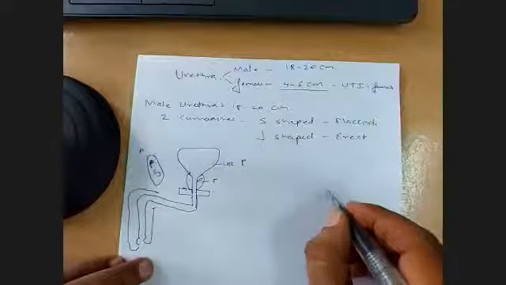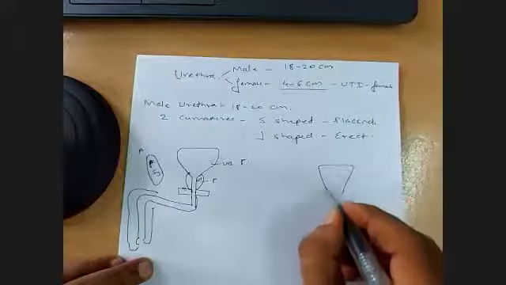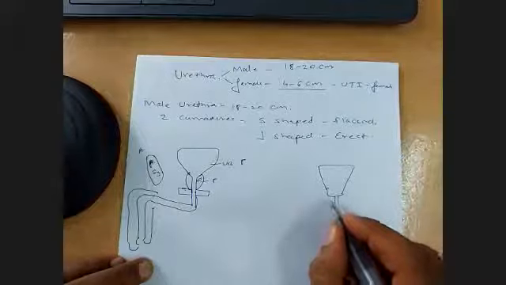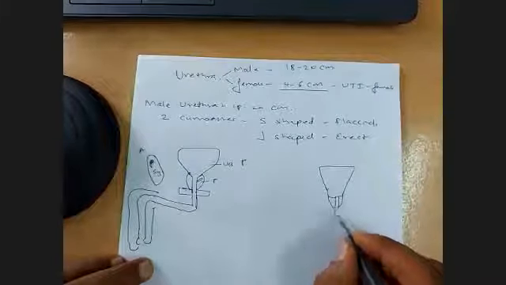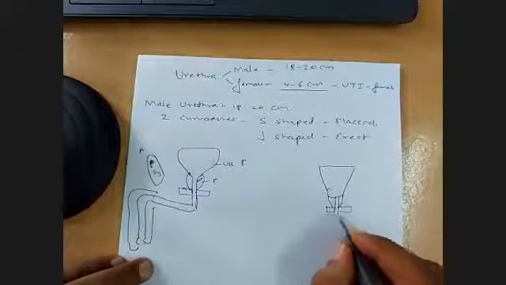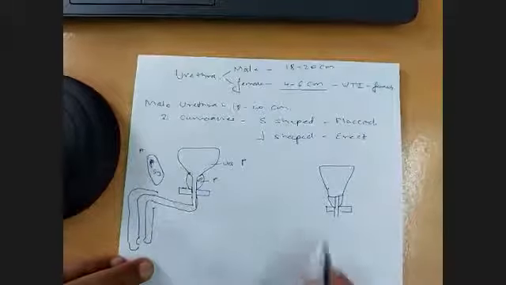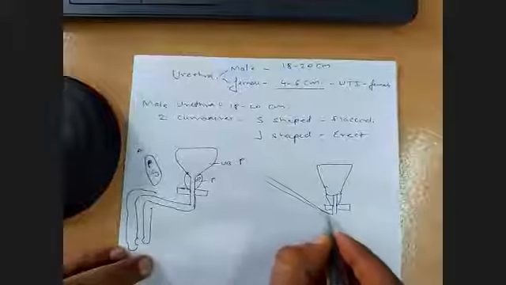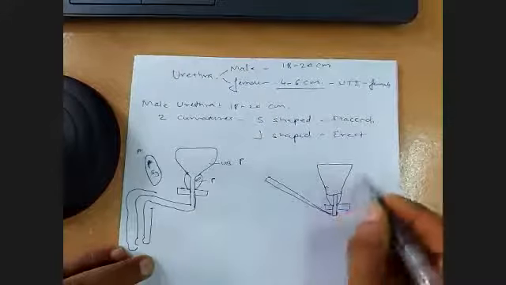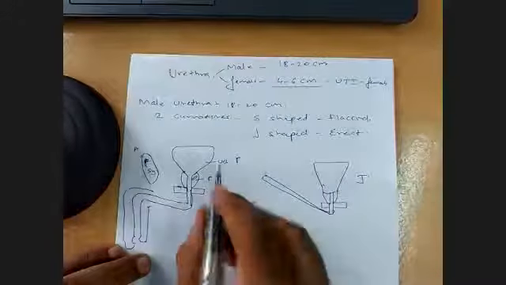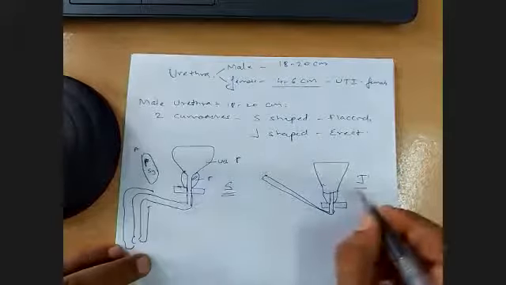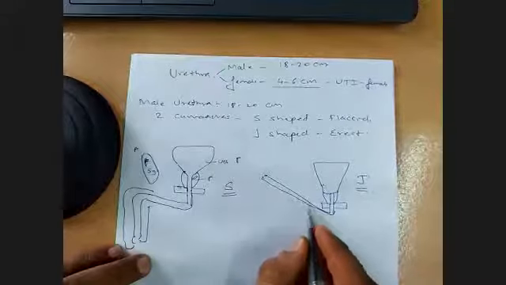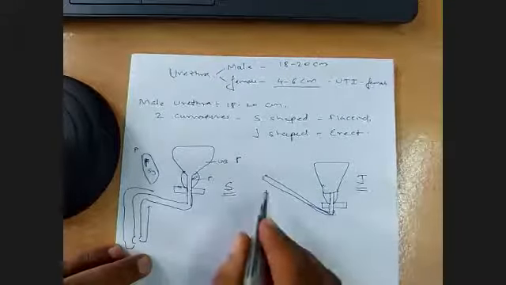Now when the same penis is in the erect state, this is the bladder, this is the prostate, then this is the urethra, and when the penis is in the erect state, we call it the J shape. So this is S shape when the penis is flaccid, and this is J shape of the urethra when the penis is in the erect state.